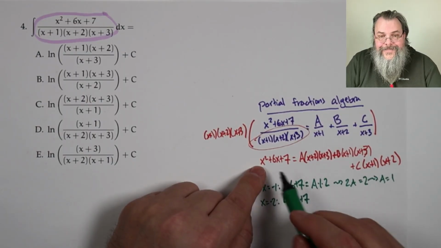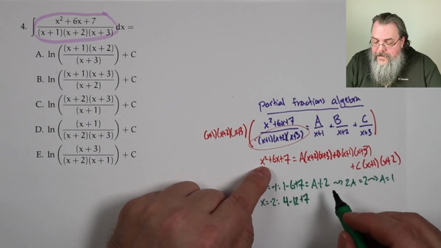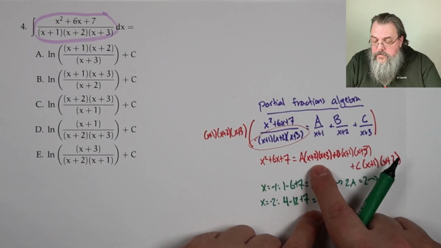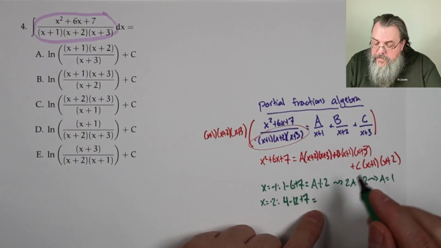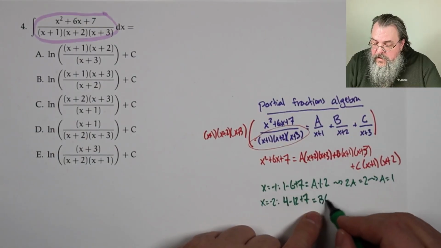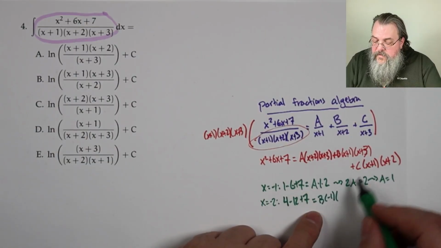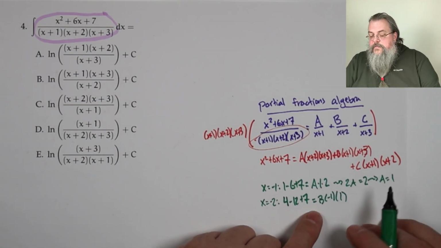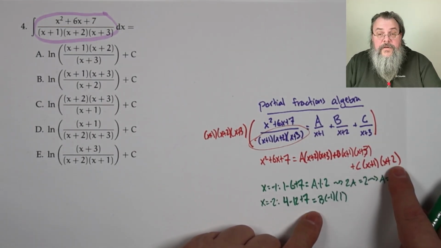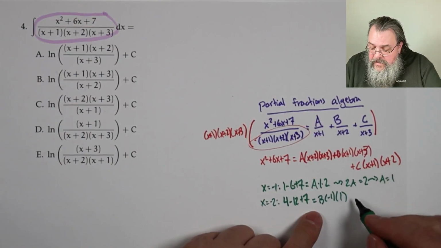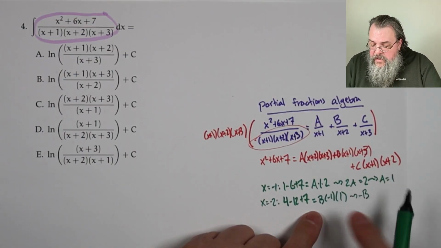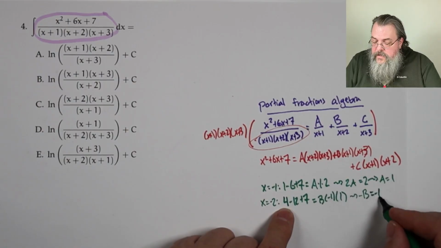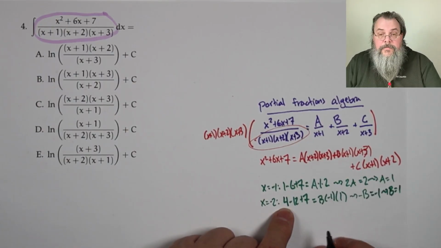Right? Now, that's going to be equal to A times 0, so that goes away. B times minus 1 times 1. Oh, that's convenient. And then C times 0. So minus B is equal to 11 minus 12, which is negative 1. So B is 1.